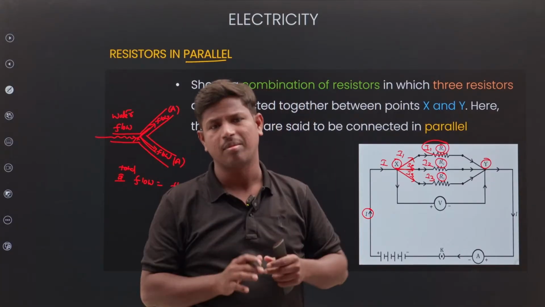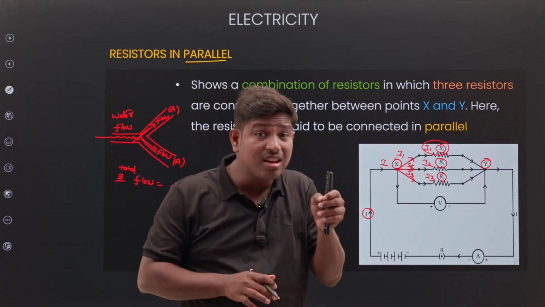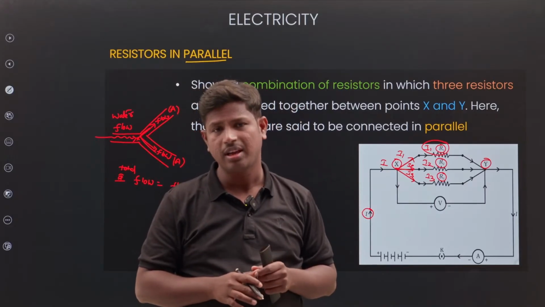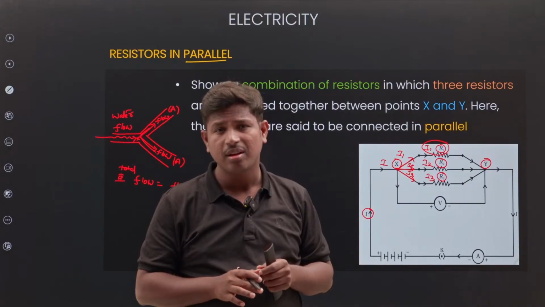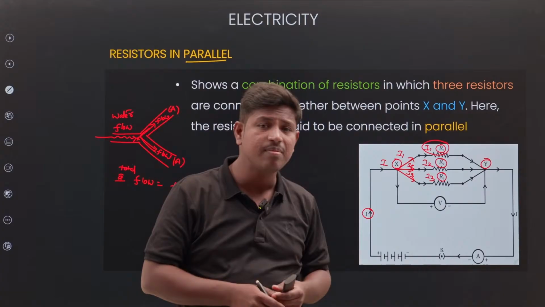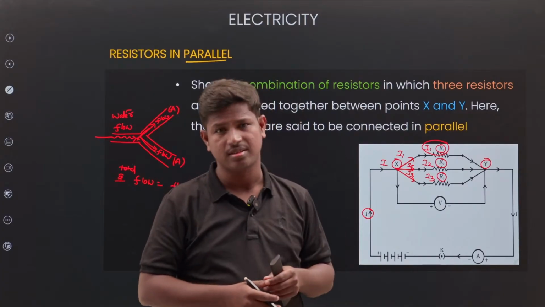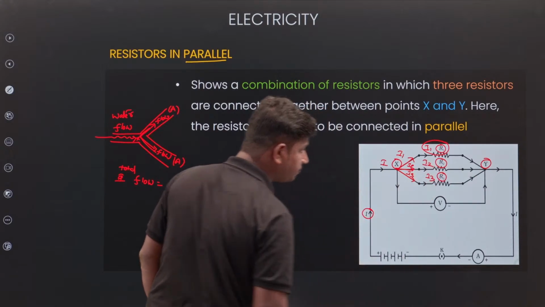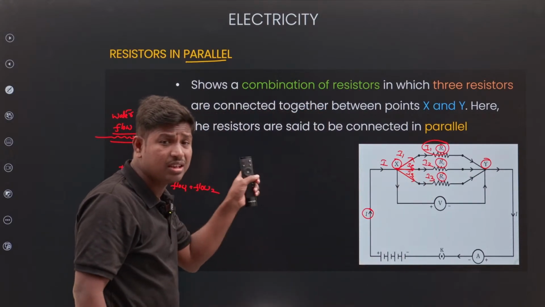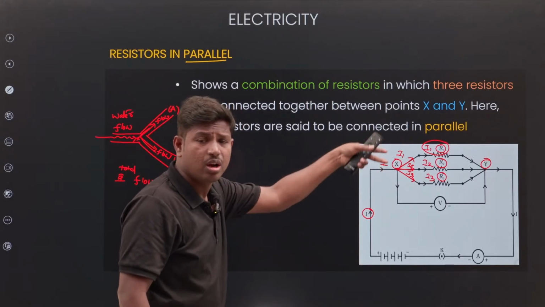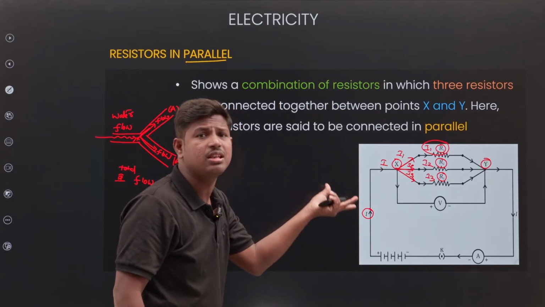So the potential is the same through each of the 3 wires: 1, 2, 3.